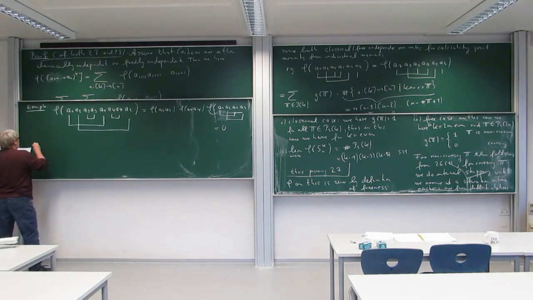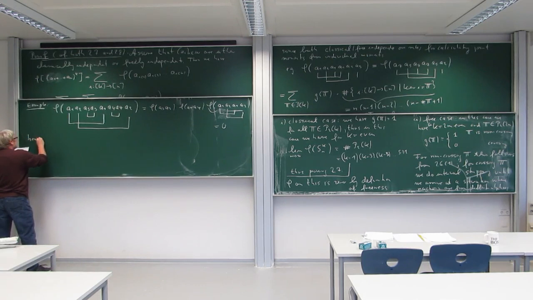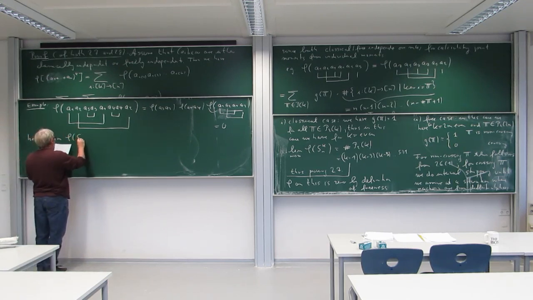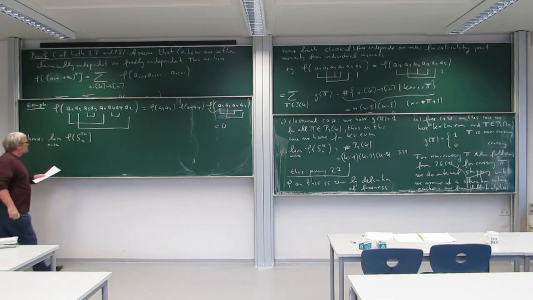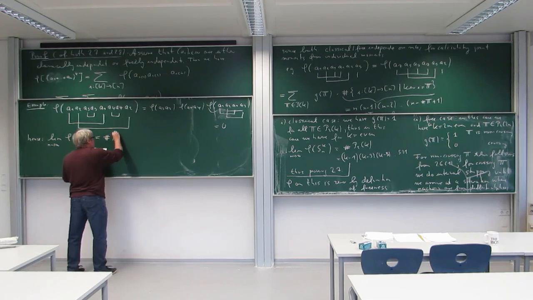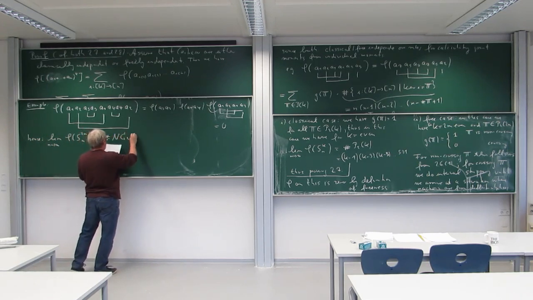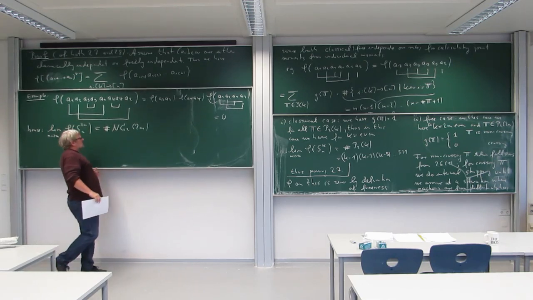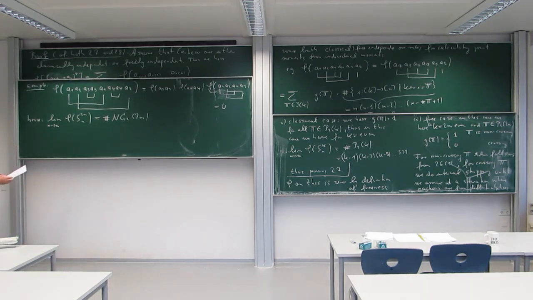Now the conclusion of all this, the free case, is that the limit n going to infinity of the k, well, let's say k is now 2m, because it's even, is given by the number of non-crossing pairings of 2m. Of course, I know non-crossing pairings again by something else.